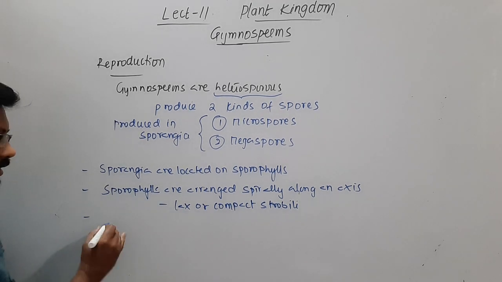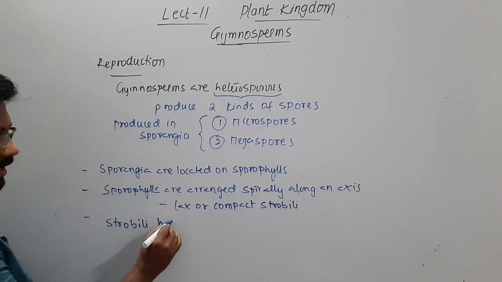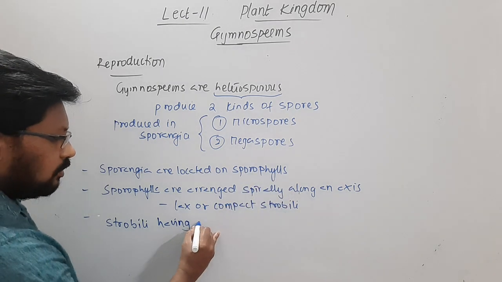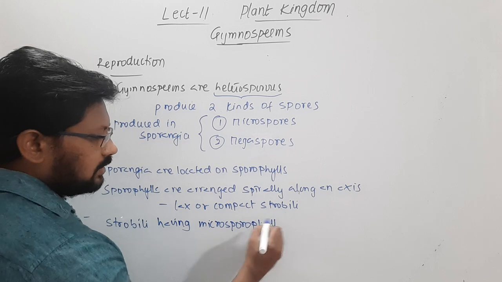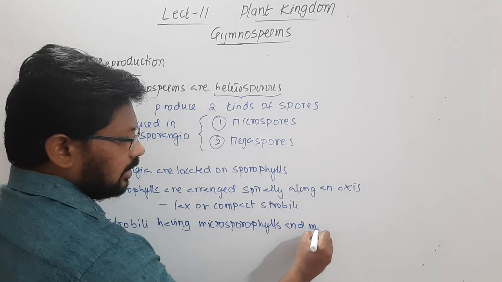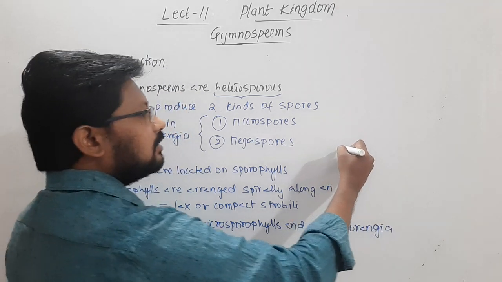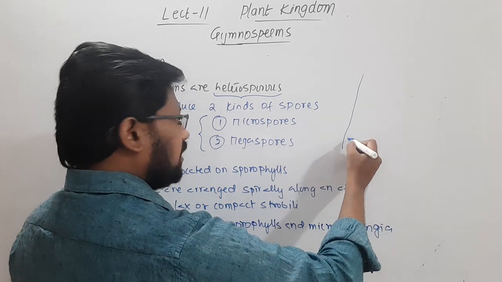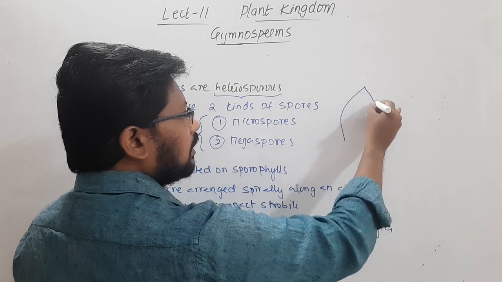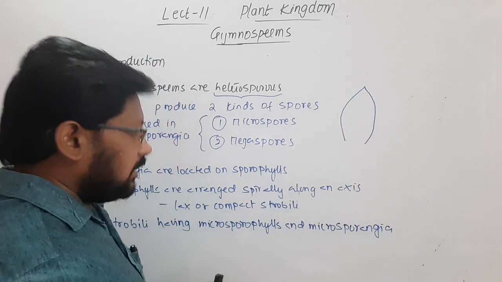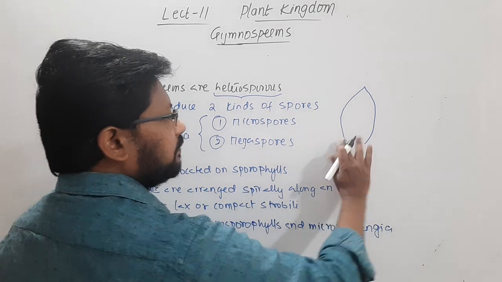Next, the strobili having microsporophylls and microsporangia. Here we see a microsporophyll, and this microsporophyll has microsporangia.